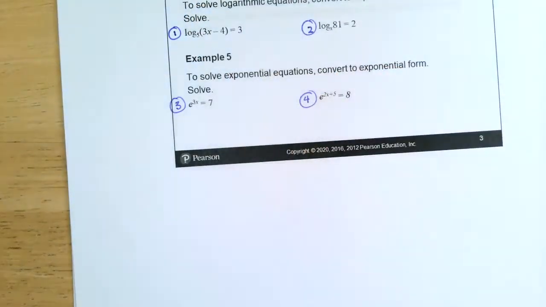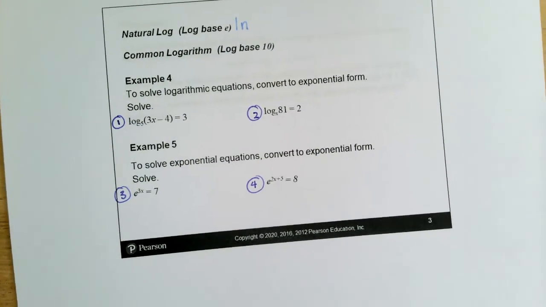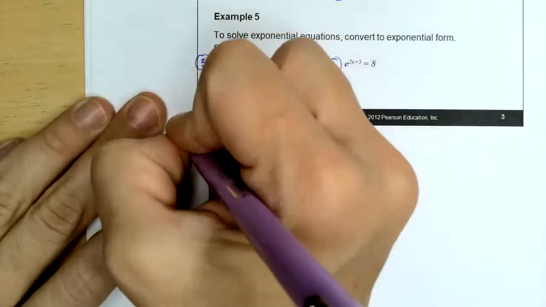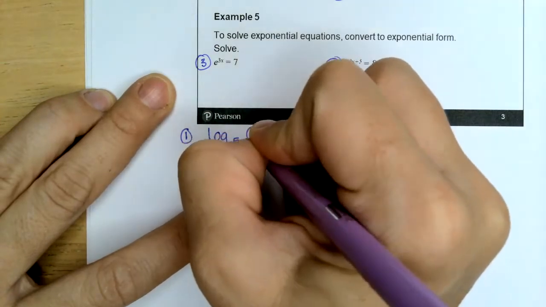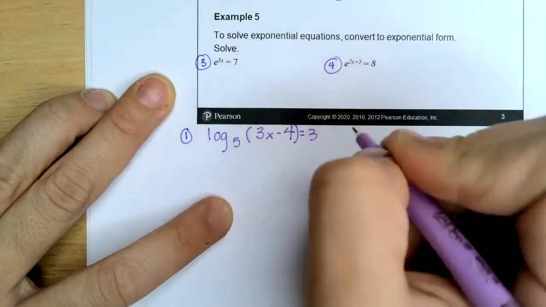We're just going to practice going back and forth between logarithmic equations and exponential forms of the equation.